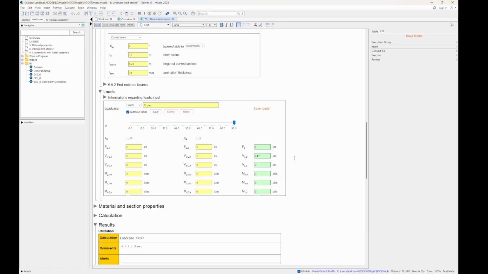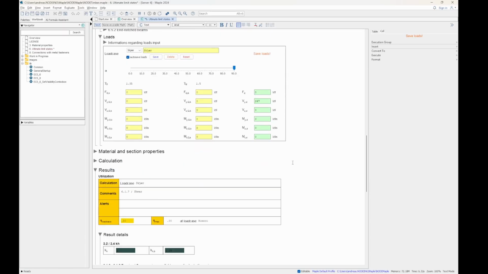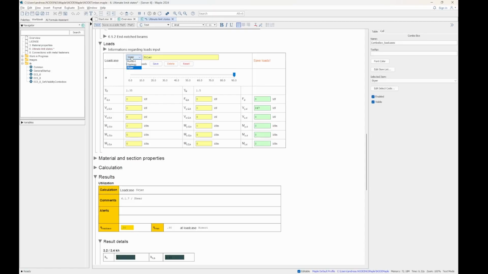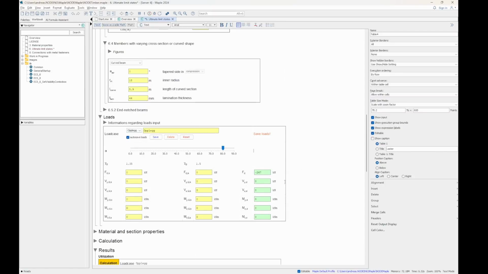247 kilonewtons with a 90 degree. No, this one doesn't apply here because the alpha angle just applies to the fc,90,d value. So the shear check is 0.5, and then we have the hoop leg, which is the left hand side.